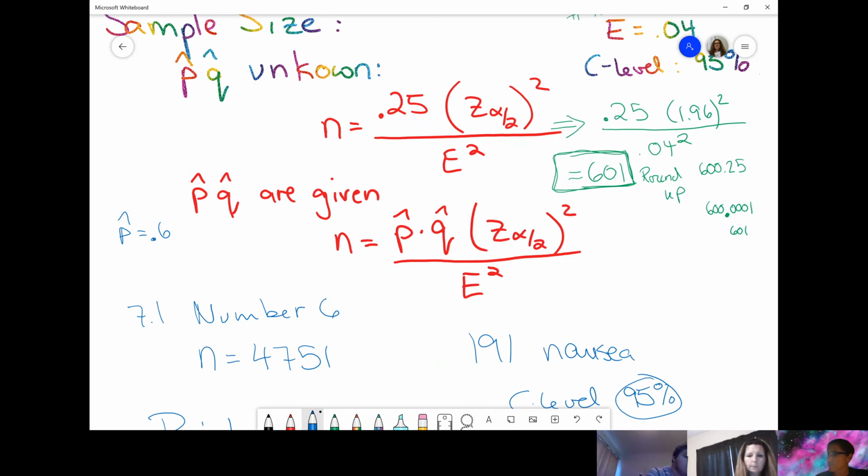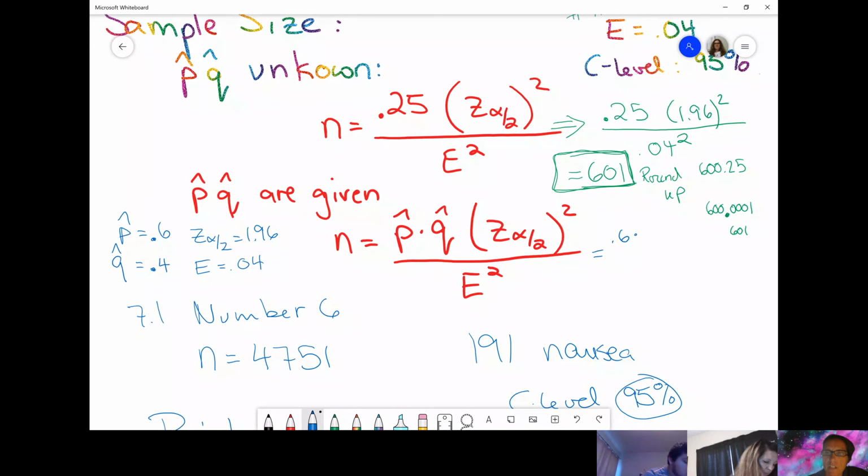If p hat is 60%, what is q hat then? 40%, or 0.4. But everything else is still the same. Z alpha halves is still 1.96 and E was 0.04. That has not changed.